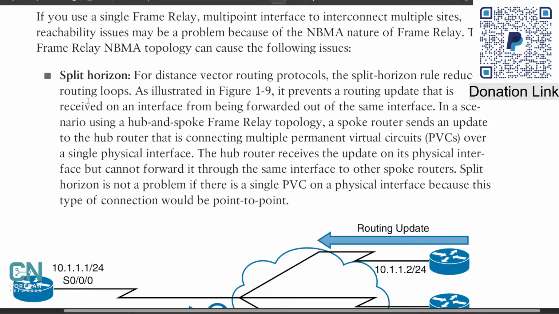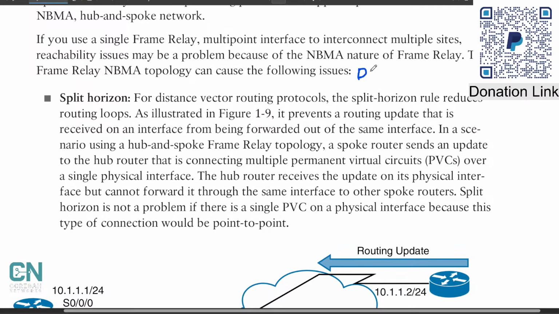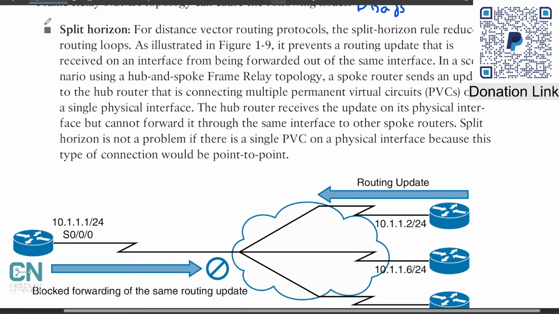The frame relay NBMA topology can cause the following issues. Disadvantage 1. Split horizon. For distance vector routing protocols, the split horizon rule reduces routing loops.